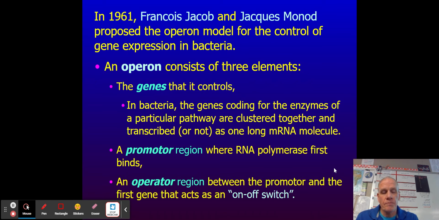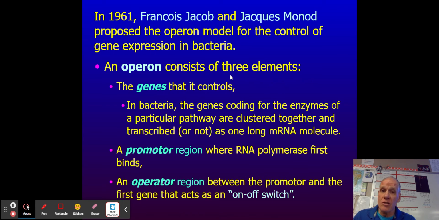Okay. This operon system was first described in 1961 by two French biologists who also had a very interesting history as French resistance fighters during World War II. They're pretty wild guys, by the way. And when they described the operon, they came up with 3 elements.